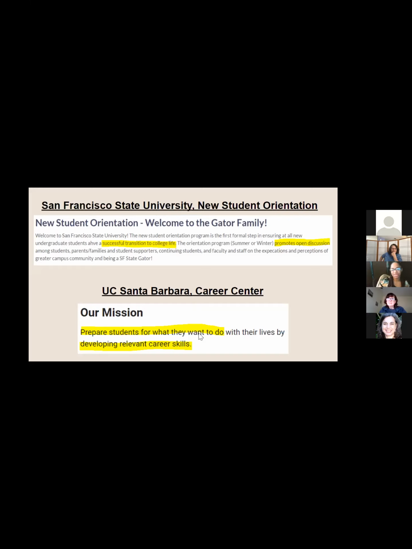Okay, so when you look at a statement like successful transition to college life, you all hit the nail on the head right away. This is a lot to assess because you have to figure out how to support students holistically, since the types of transitions that you're trying to help them with aren't being specified.